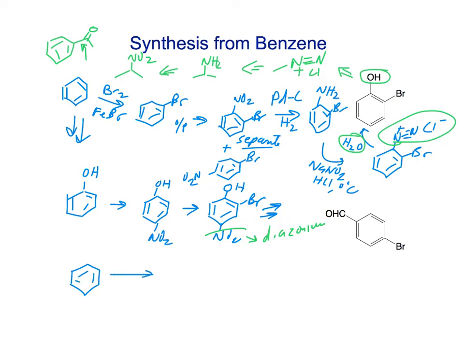So we start out with the Friedel-Crafts alkylation. I'm just going to use a big group because I want to direct the bromination to be para rather than ortho. It is an ortho-para director, so we should mostly get this. So we have Br2 and FeBr3.